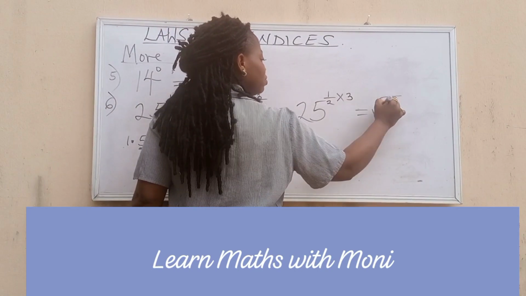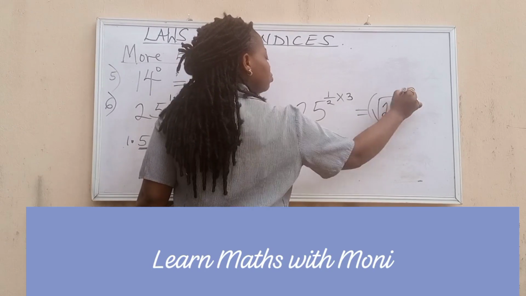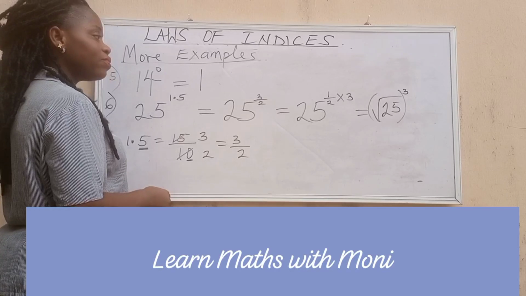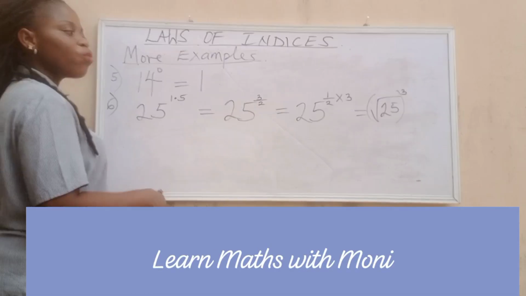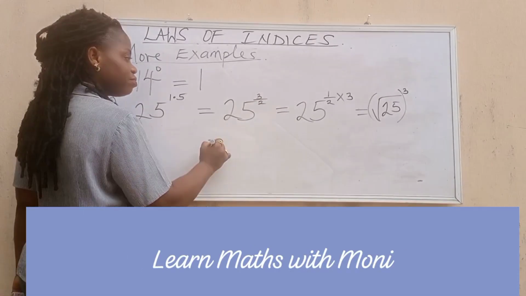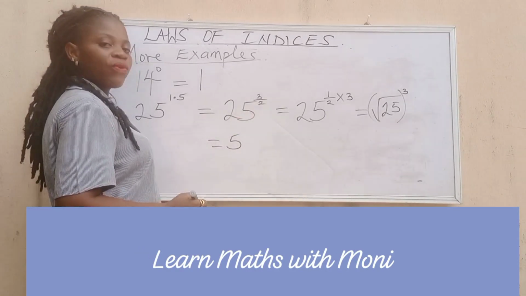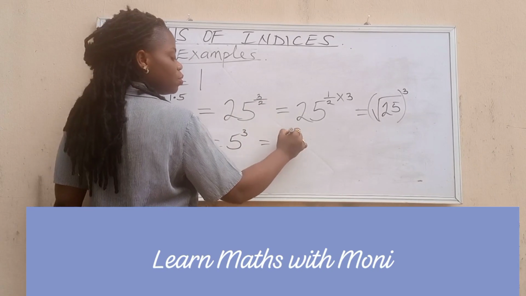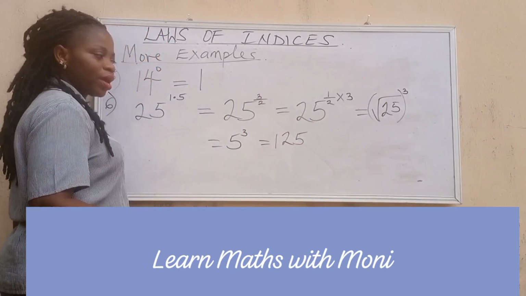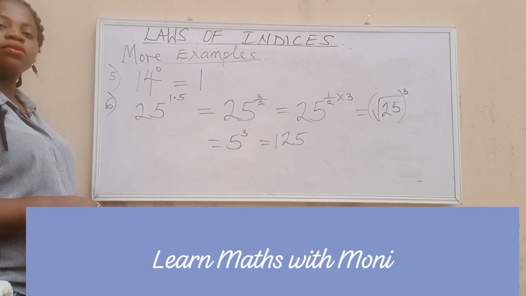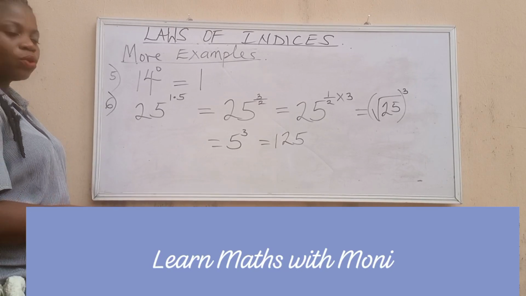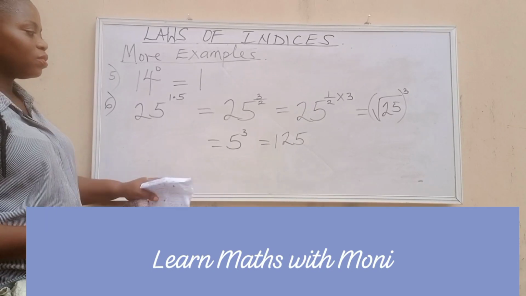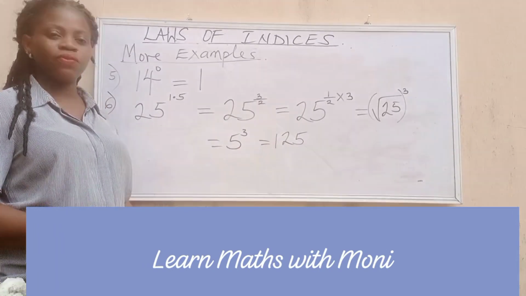The square root of 25, everything raised to power 3. The square root of 25 gives 5, and 5 raised to power 3 is going to give me 125. Which means 25 raised to power 1.5 gives 125.